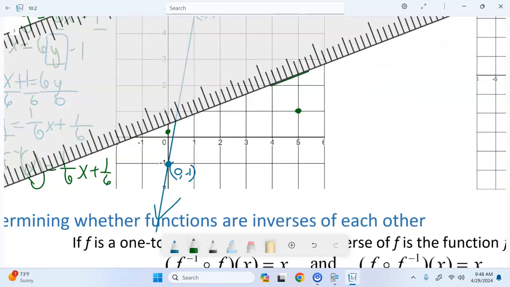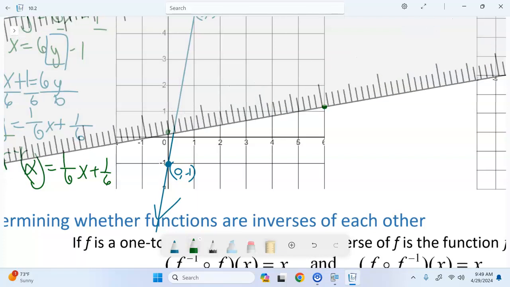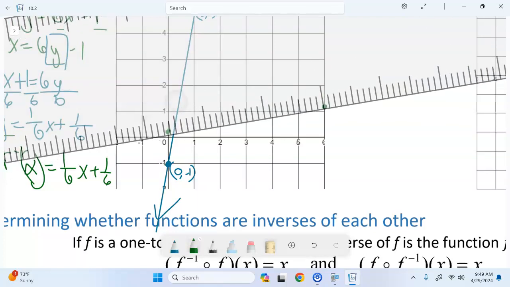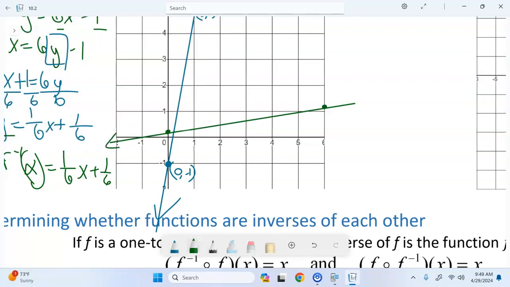Oh, I didn't go 6. There we go. Too far. There. All right. Much better. All right, so we can connect that line. So we connect those points.